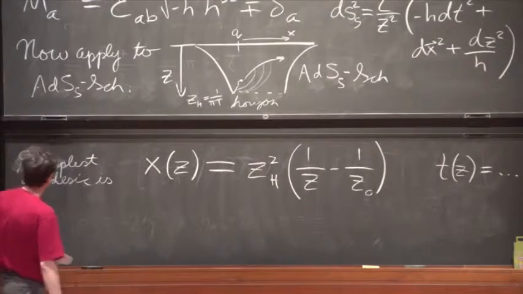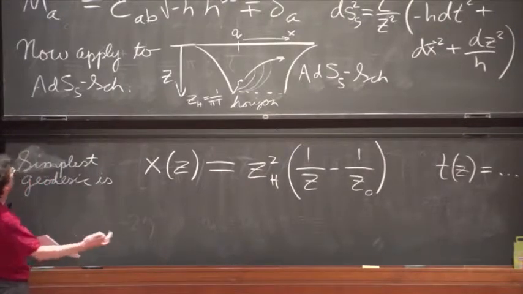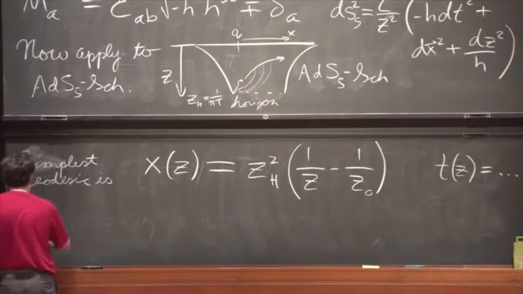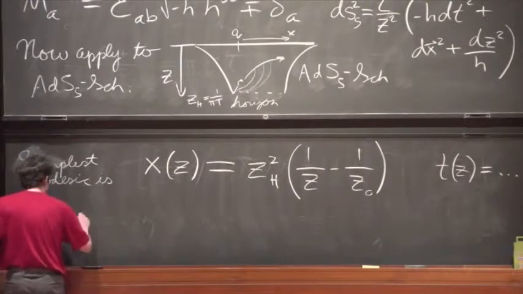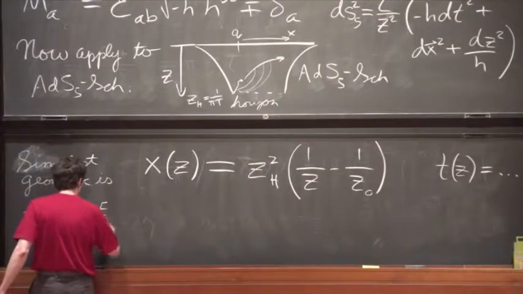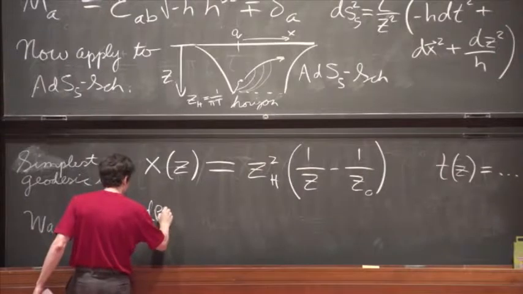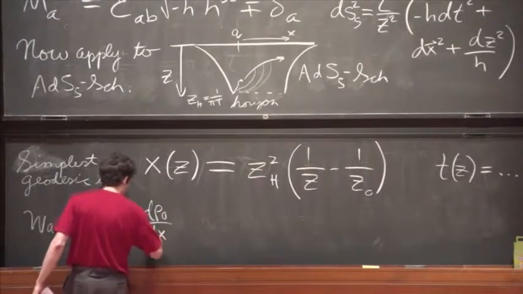Okay, so I have my equation for p dot mu. I want to get dE/dx. E is p naught up to a sign. So I want dE/dx, which is the same as this.